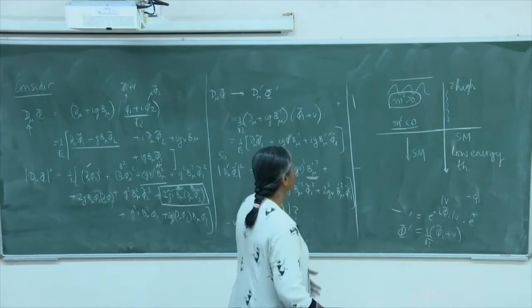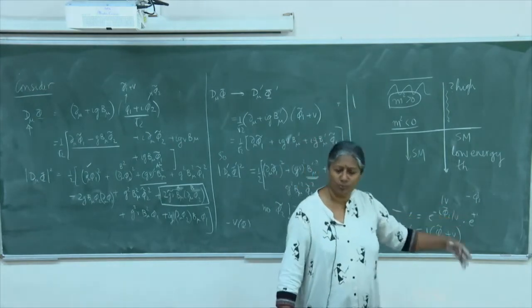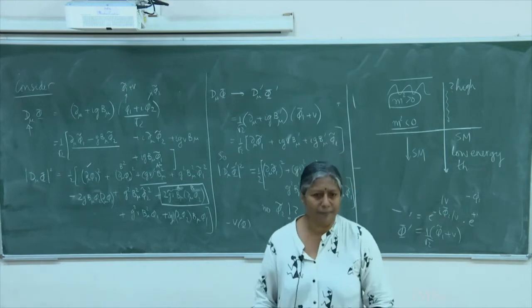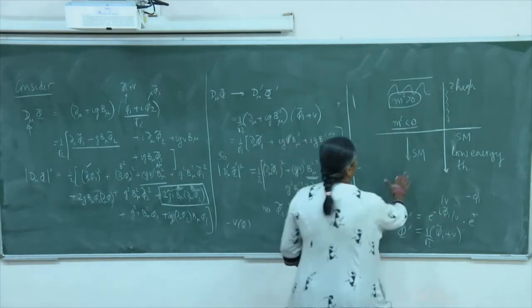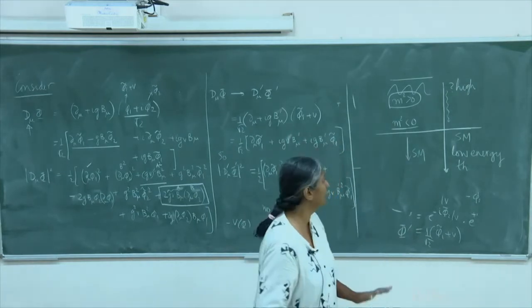So whether this m squared was always 0 from the beginning of time, or whether it became less than 0 because of interaction, whatever it may be, at some scale spontaneous symmetry breaking happens and you get the standard model with the broken symmetry.